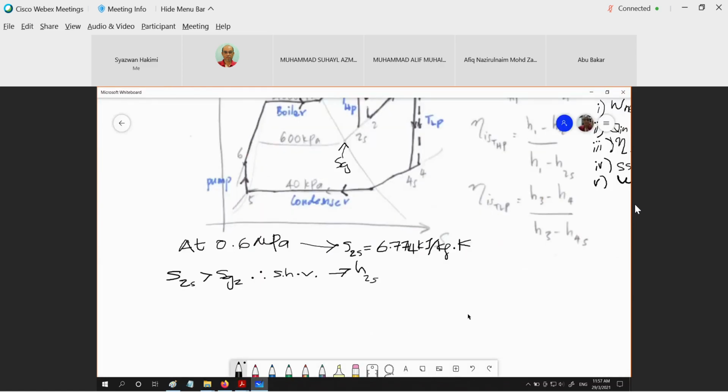Okay, what you need to do right now is to look at 0.6 megapascal. You are going to look for your enthalpy. What do you have? You have your S. This is what you want, H2S.